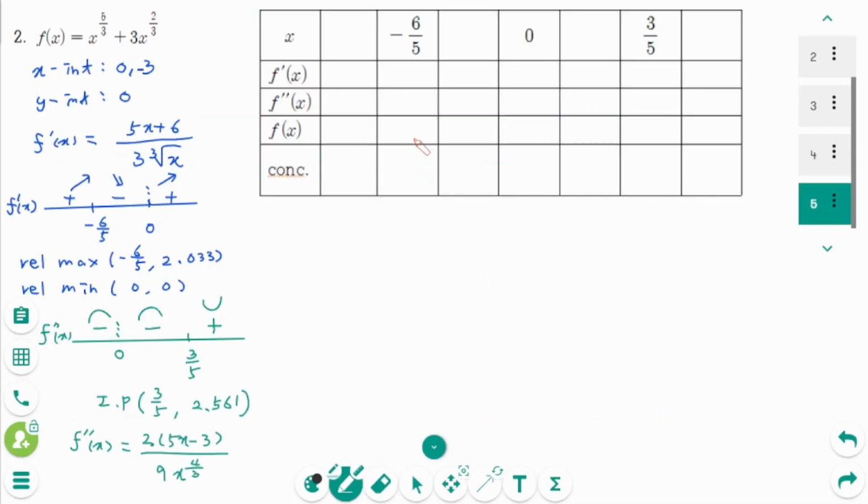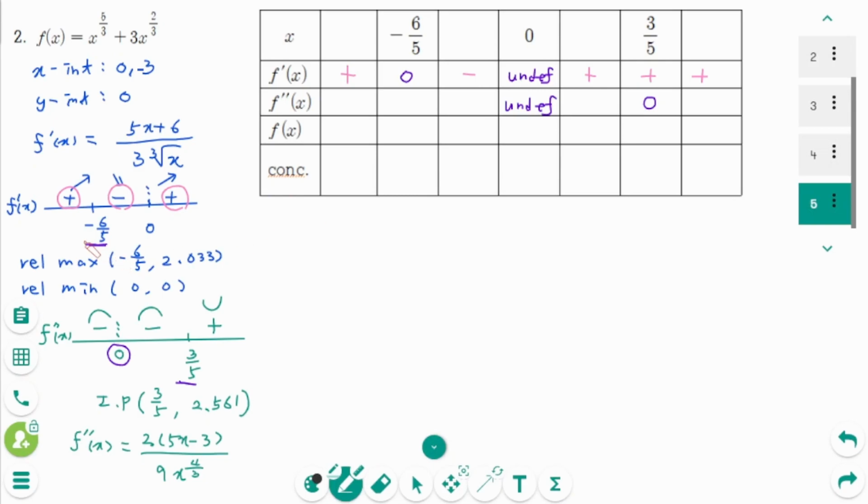Now we know f prime of x equals 0 when x equals minus 6 over 5 and undefined. The sign of f prime of x is positive, negative, positive. f second prime of x, undefined when x equals 0, and 0 here.